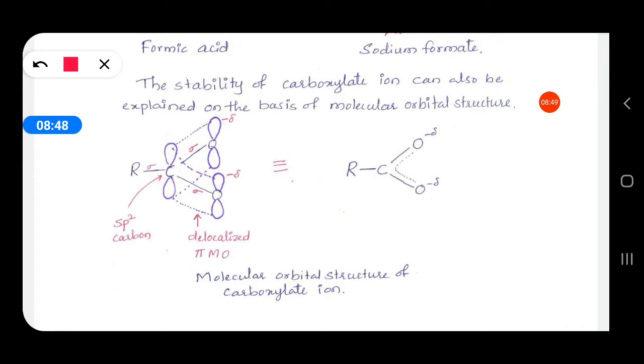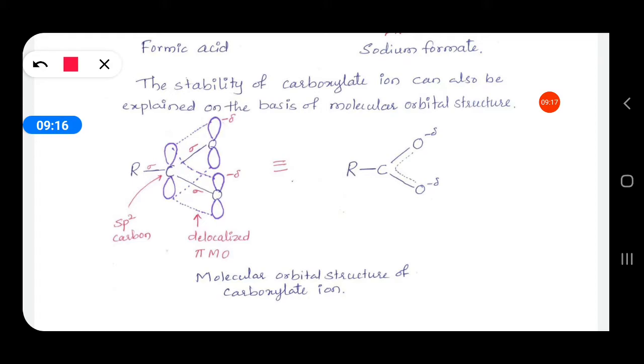So in the molecular orbital structure, among carbon, oxygen and oxygen, carbon and oxygen both are sp2 hybridized. So sp2 hybridized means carbon has 3 sp2 hybrid orbitals.